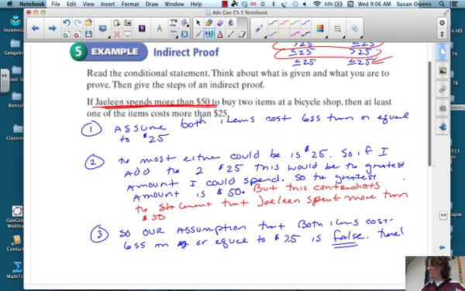Therefore, it must be true that at least one item is more than $25.